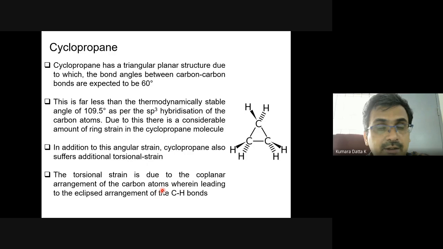Again, why does it occur? Because of the coplanar arrangement of carbon atoms, where we see the eclipsed arrangement. You might be wondering why we are talking about eclipsing of hydrogens, that too a Newman projection for a 3-carbon system. We have already looked at butane, but why cyclopropane? How to draw that?